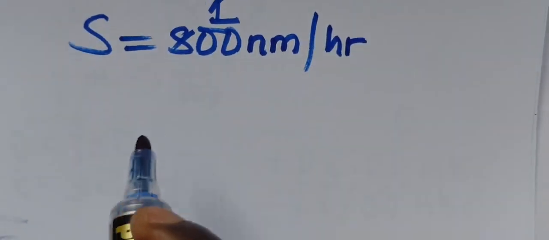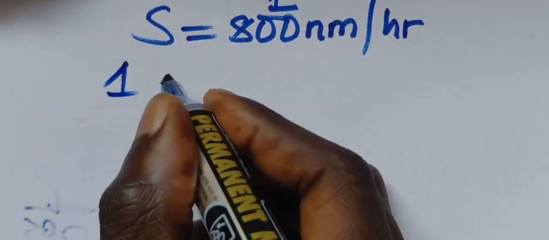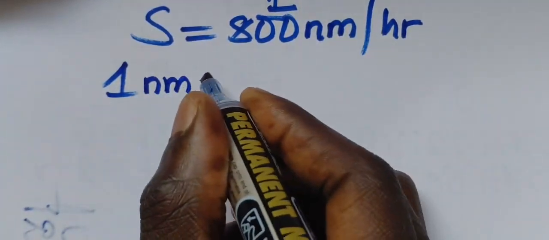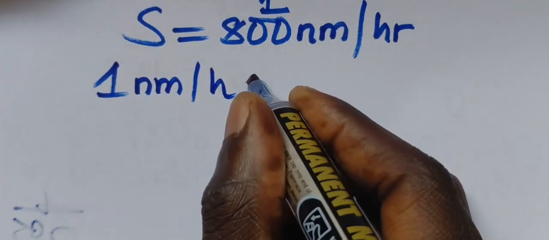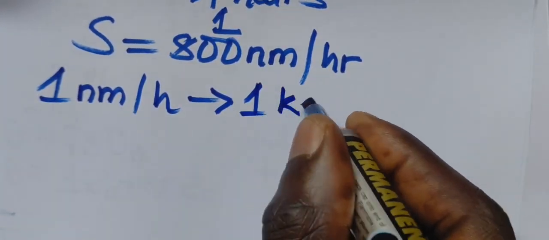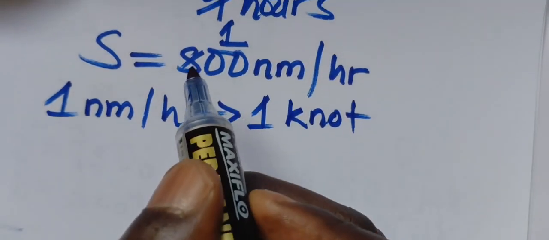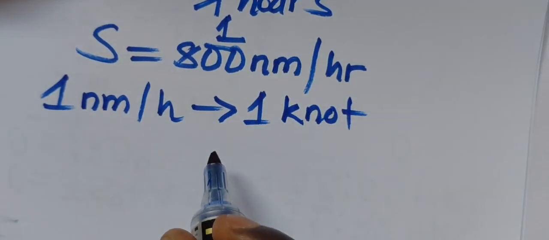So now, for this situation here, the scale is given as 1 nautical mile per hour, which is equivalent to 1 knot. So then, we are going to express this speed that we've calculated in terms of knots.